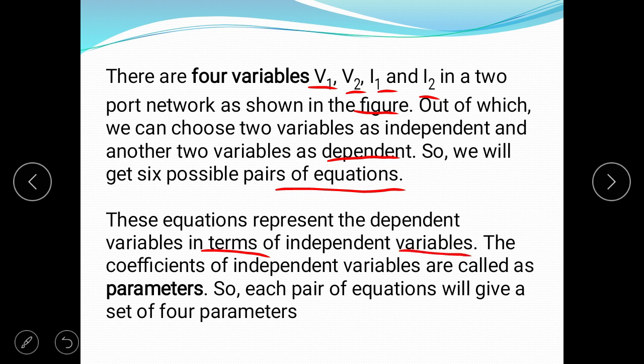The coefficients of independent variables are known as parameters of the two-port network. So each pair of equations will give a set of 4 parameters.